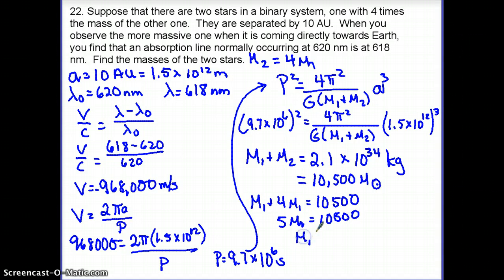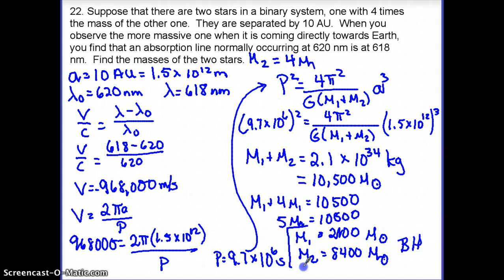So M1 is about 2,100, and M2 would be 8,400. This is very unrealistic. Stars don't have that mass. But if these were the actual masses, we would definitely say that this is a black hole, not a neutron star, because that's much, much, much bigger than 3. Again, unrealistic numbers, but that's the procedure that you would go through.